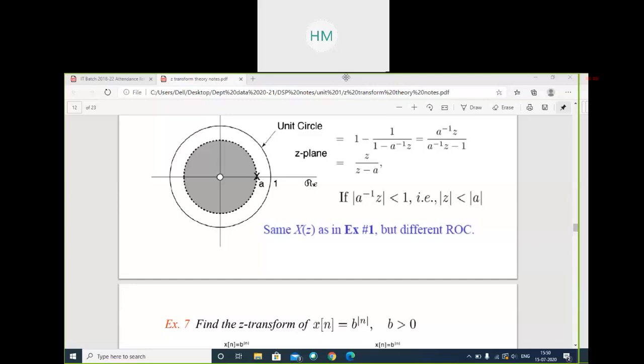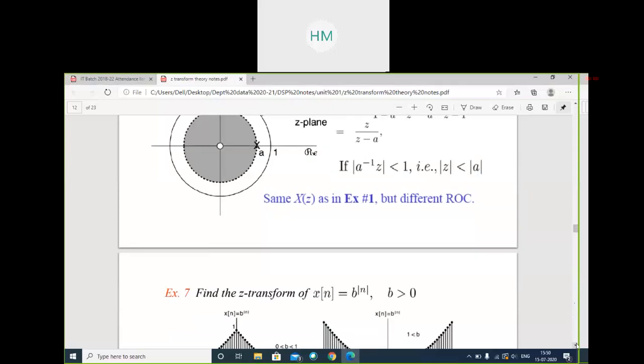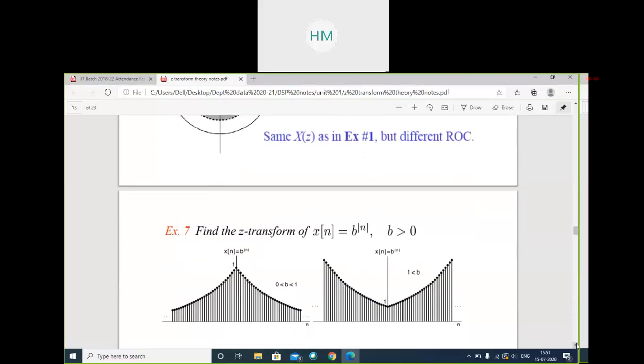Magnitude n means that there exist values for positive and negative n, both sided.